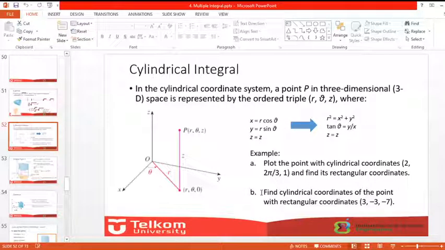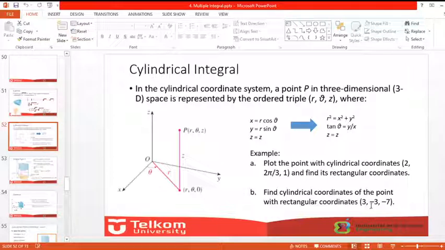Next, how to find the cylindrical coordinate from the rectangular coordinates. r is the square root of 3 square plus minus 3 square, which is 3 times root 2. And how about theta?